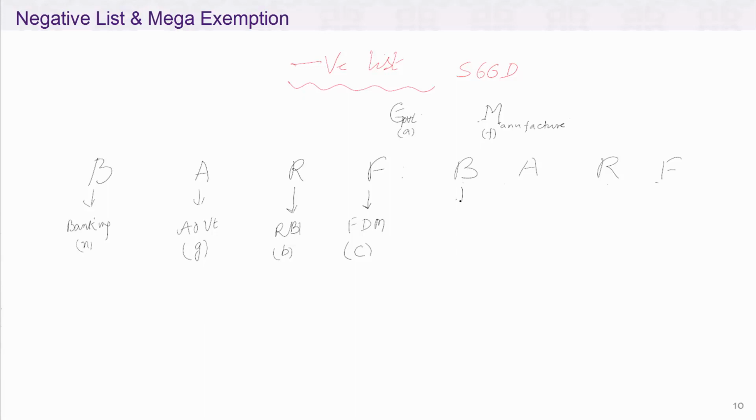So here B stands for betting, gambling, etc. And this is under I. Okay. And A here stands for agriculture.